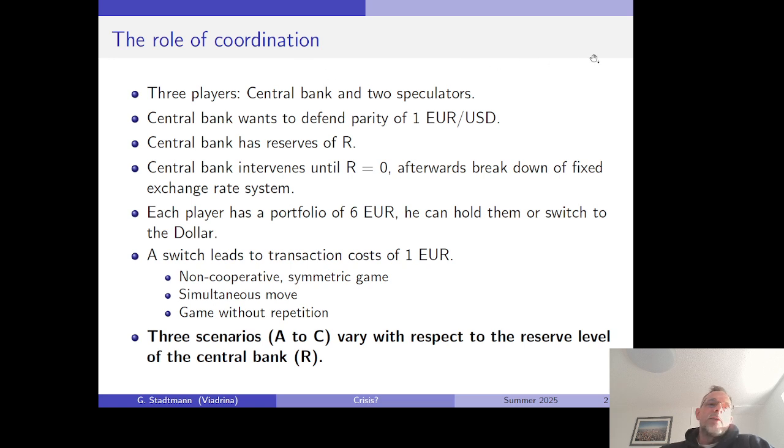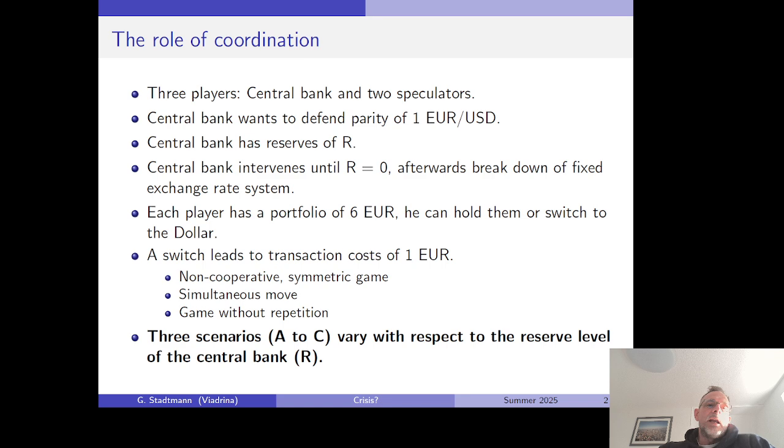Let's have a look at the assumptions. We have three players: the central bank, and two speculators, two financial agents. The central bank wants to defend a fixed exchange rate of €1 for $1.